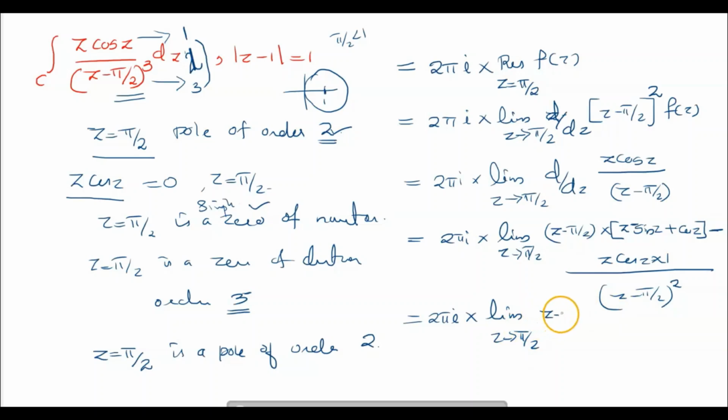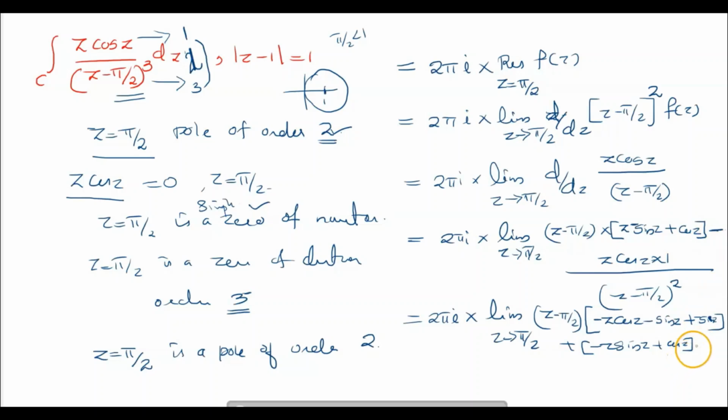The derivative of the numerator is (z minus pi by 2) into the derivative of this function, that is minus z sin z plus cos z, minus sin z into derivative of z is 1, plus cos z, derivative minus sin z, plus this function into derivative of (z minus pi by 2), which is 1.